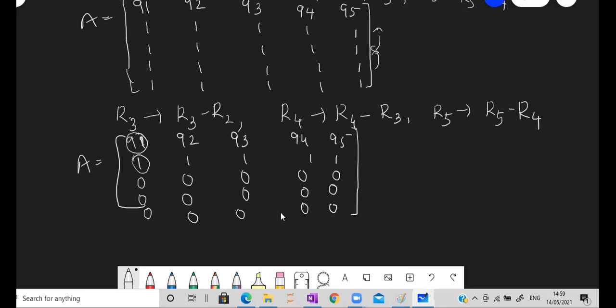See, if I reduce it to 0 also, this entire row I cannot reduce. And I'm not interested in what matrix is obtained. I'm interested only in finding the rank. So I will not take the trouble of reducing it to 0. I'll keep it the same, because even if I reduce it, the rank will not change.